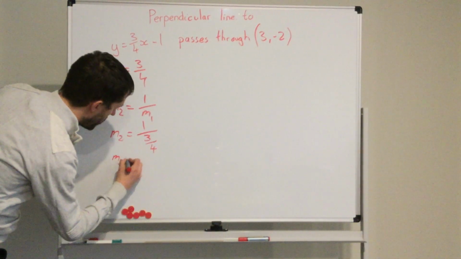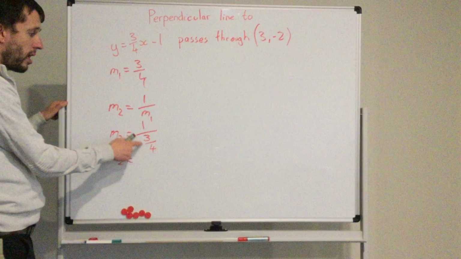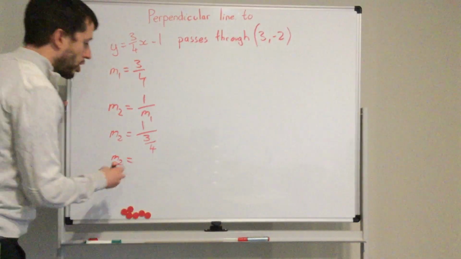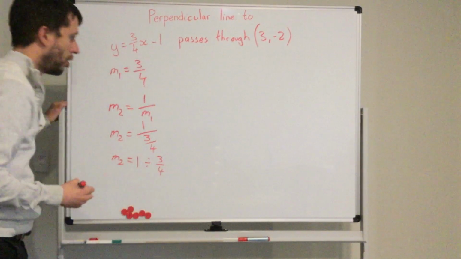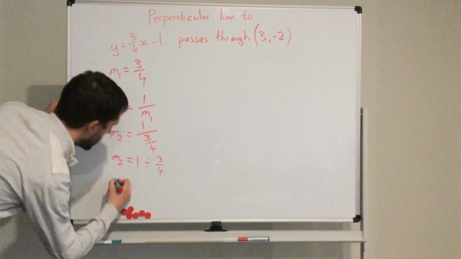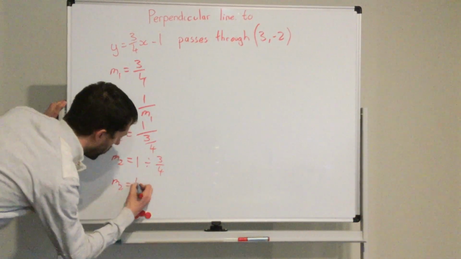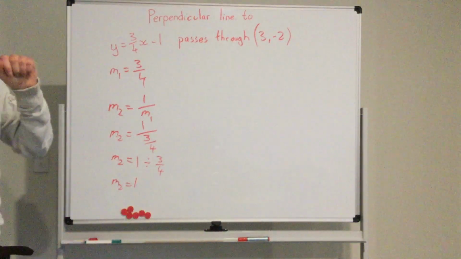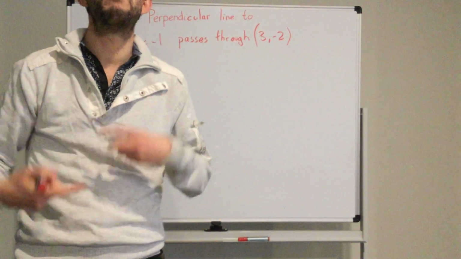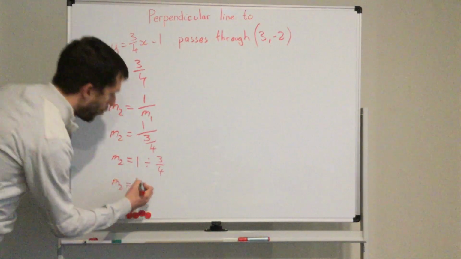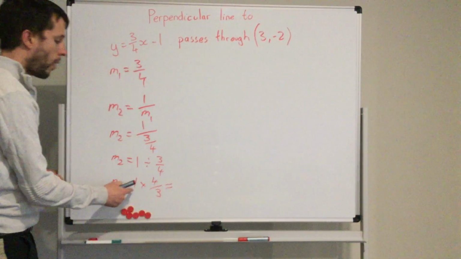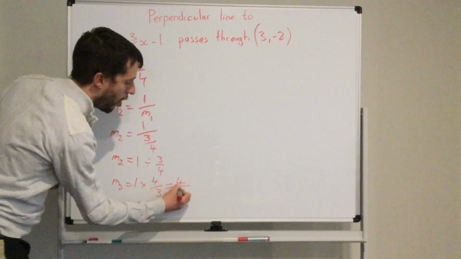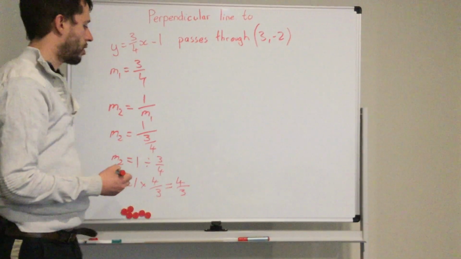So M2 equals, I don't like writing it this way, so I'm going to change it. 1 divided by 3 over 4, which also equals, remember when we're dividing, we can flip the fraction and it becomes multiply. So I can go 1 times 4 over 3, which equals 4 over 3.